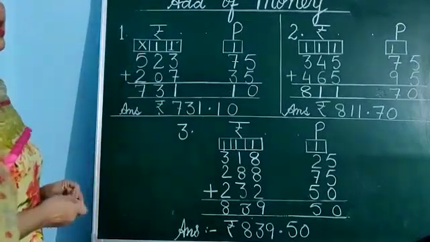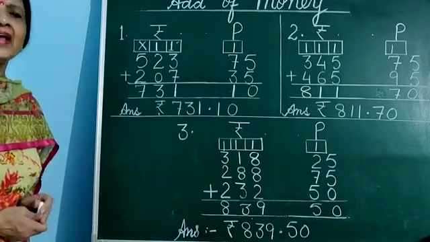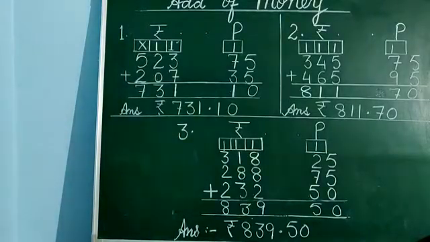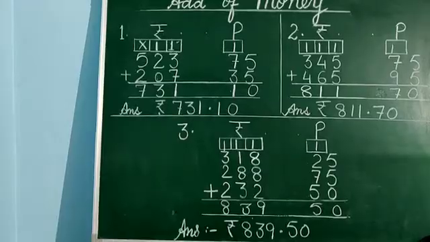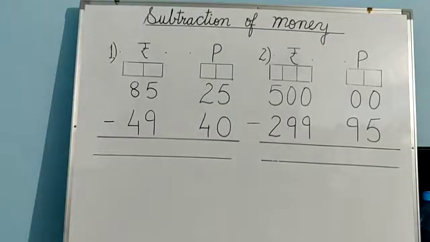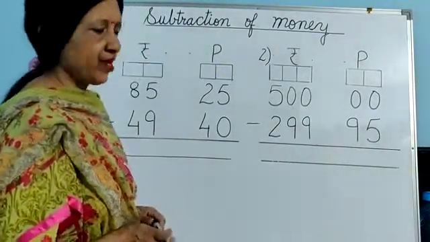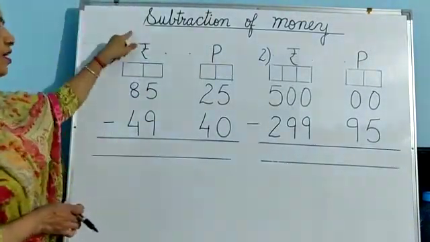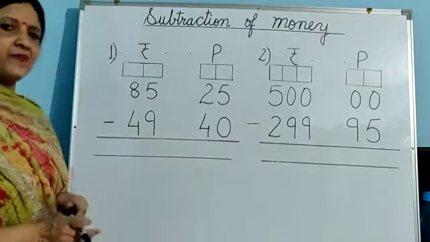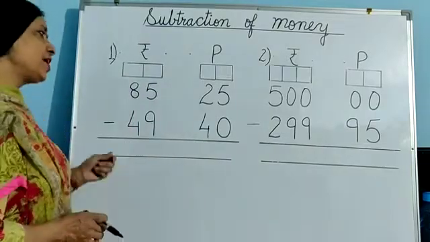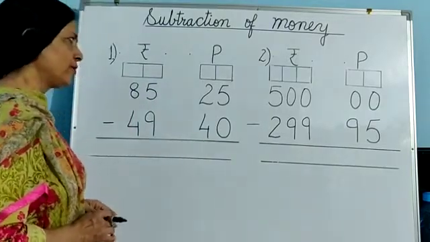Addition of money is same as simple addition sums. Clear बच्चे? Now we will do subtraction of money. बच्चे subtraction of money is again same as simple subtraction sums. Same rules are to be followed.